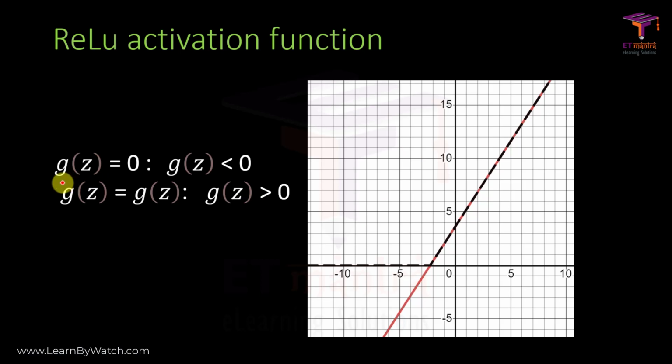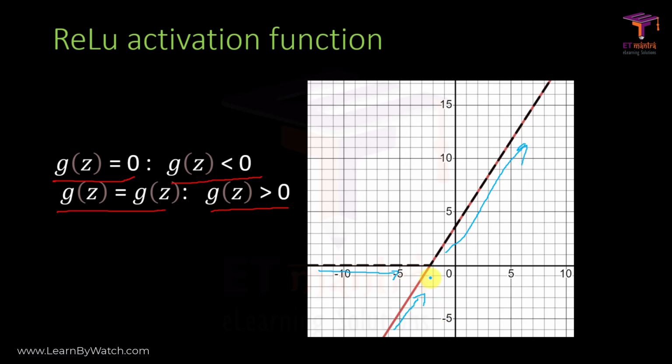It is defined as this: if the input is less than 0, then it changes it to 0, and if it is more than 0, then the function remains as it is. You can see here this red line is the input function, and this black dotted line, which goes from here to here, is the output line.